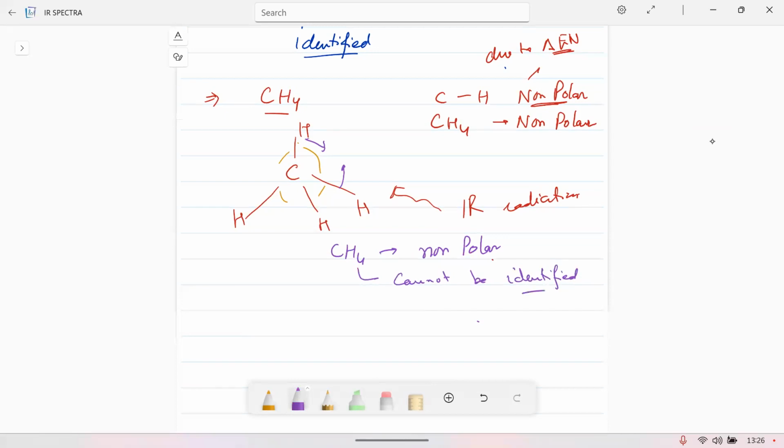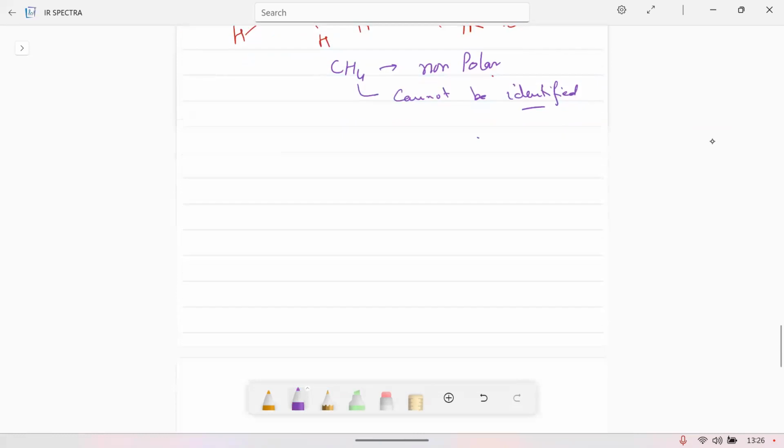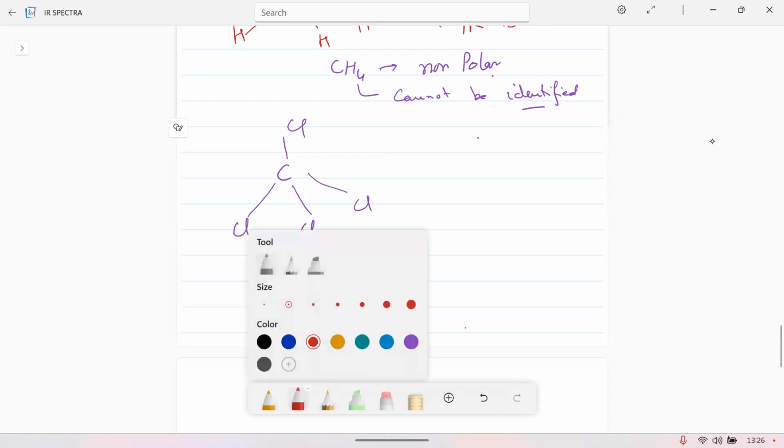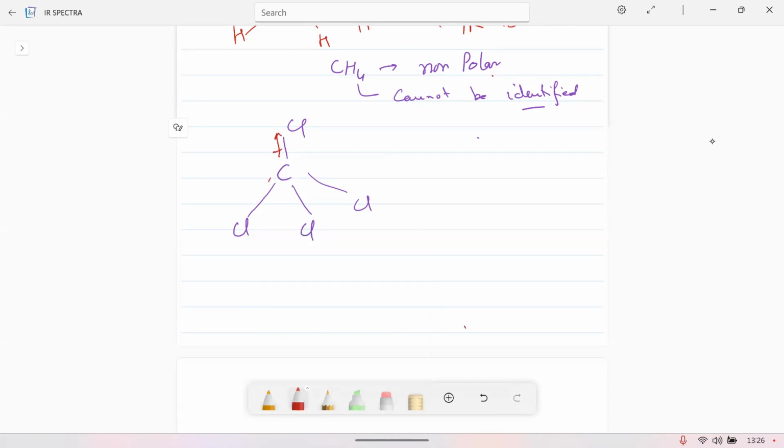So you need to look case by case. What we can understand from here, let's take one more example, for example, CCl4. Now, in this case, the bonds are polar. These are the representation of a dipole.